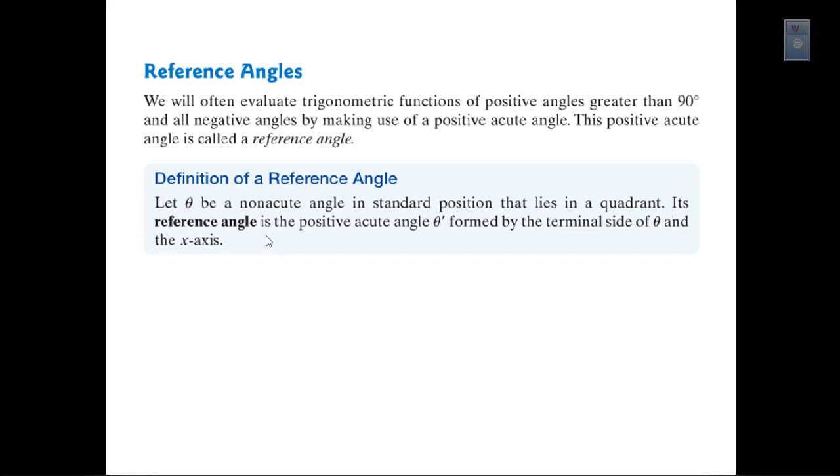Its reference angle is the positive angle theta prime formed by the terminal side of theta and the x-axis. The closest x-axis, either positive or negative. It's not always going to be the positive one. It's going to be the one that's closest to it. So it's always going to end up being an acute angle. If you try to get a reference angle and you've got an angle that's larger than 90, you don't have a reference angle. You have something else.